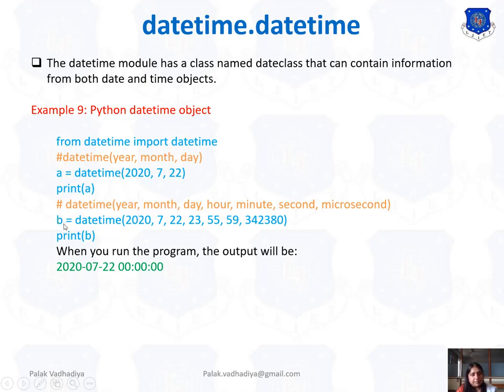Now the second, in this B, we have specified all the things, that is date as well as time. So when I run this, here I will get the date as well as the time. That is 23 hours, then 55 is the minute, then 59 is the second, and 342380 is the microsecond.